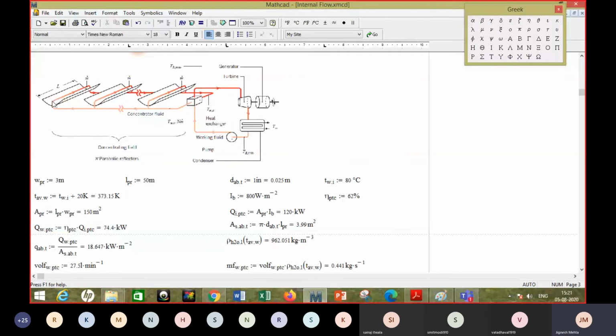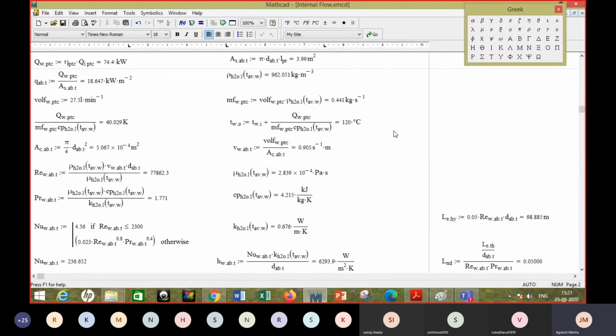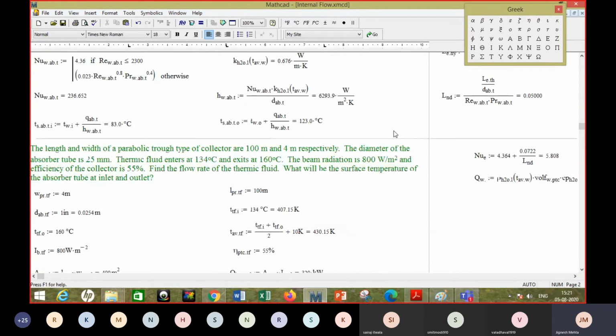So you are finally giving heat to the fluid which is flowing in the tube, right? So the surface temperature of the tube here has to be higher. How come it is higher? Because it is receiving the solar radiation continuously and converting it into heat. Now, how much will it be higher? It actually depends upon the internal heat transfer coefficient.